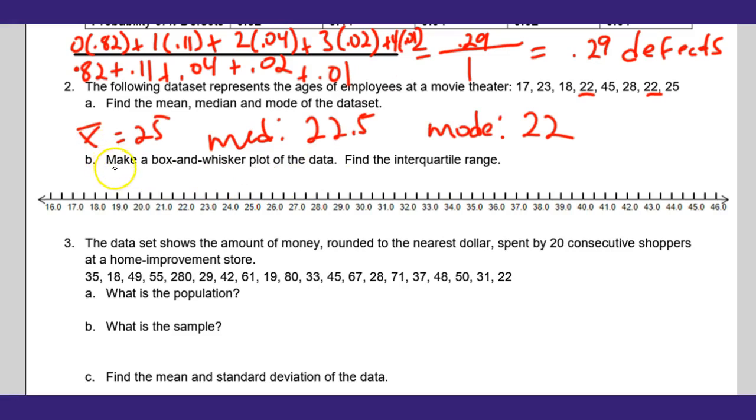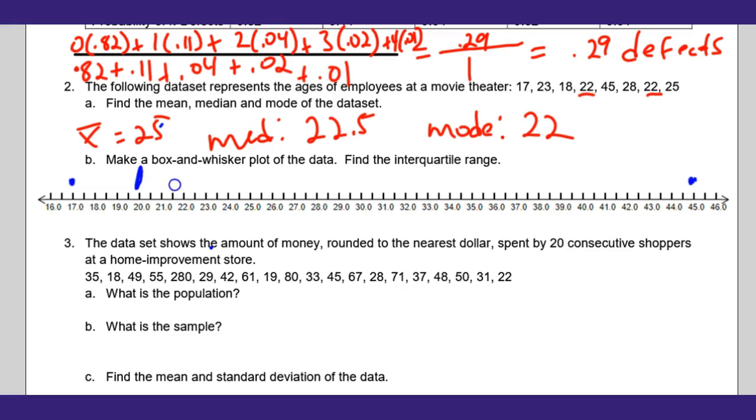All right, so the minimum we said is 17. So 17 is right here. The maximum is 45. Now, the lower quartile, or the first quartile, was 20.